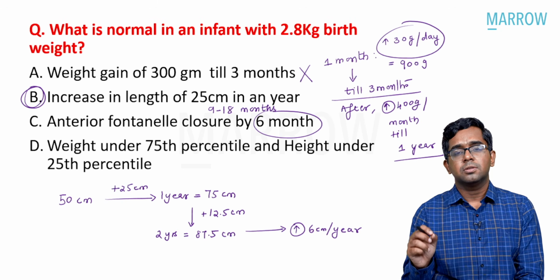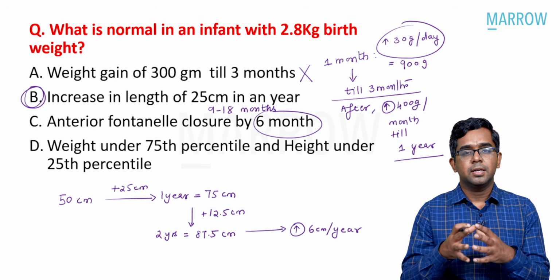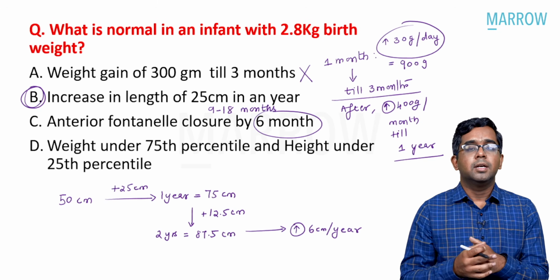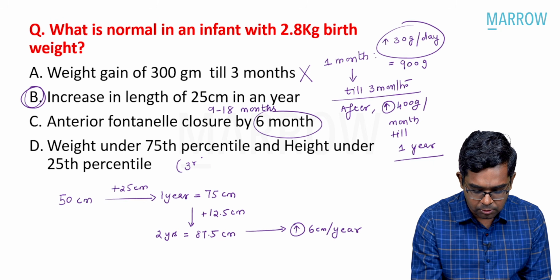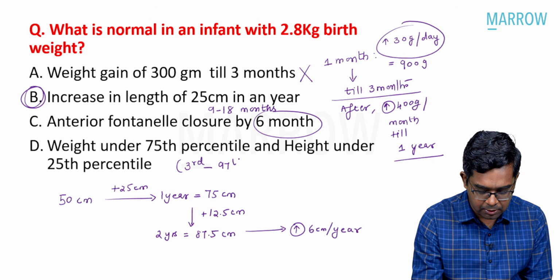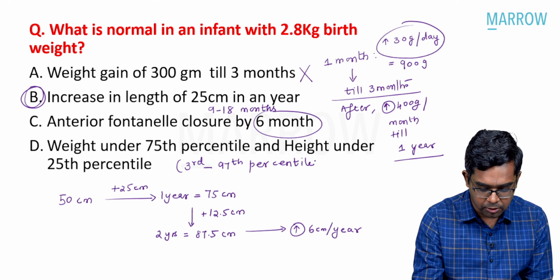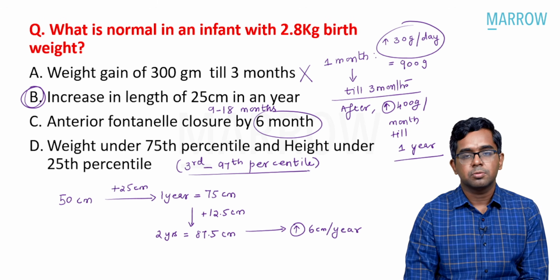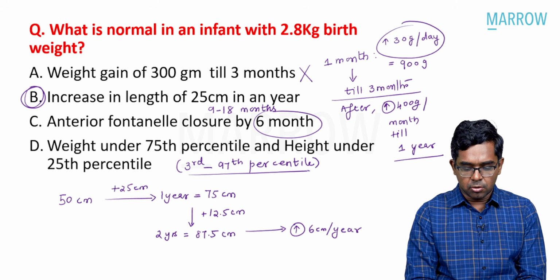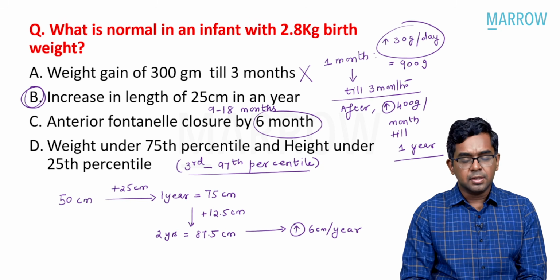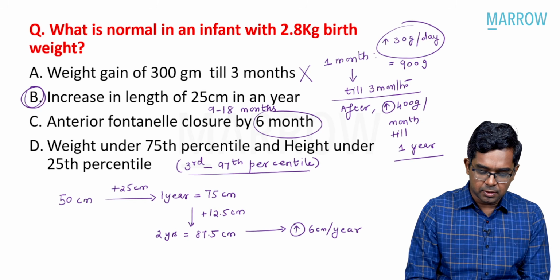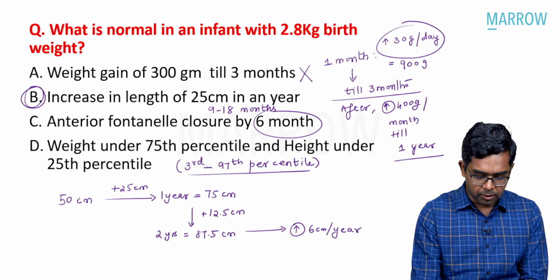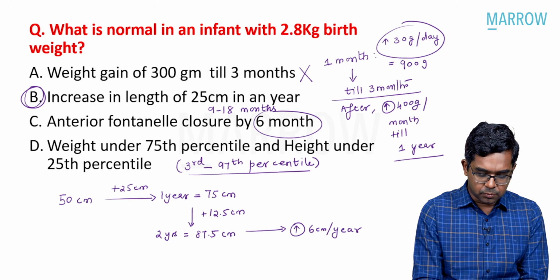Remember, weight or height we always determine in terms of percentile according to the WHO chart, and a range between the 3rd and 97th percentile is considered normal. So, that option is also wrong. The answer for this question is option B, increase in length of 25 centimeters in 1 year. Okay. Then we move on to the next question.